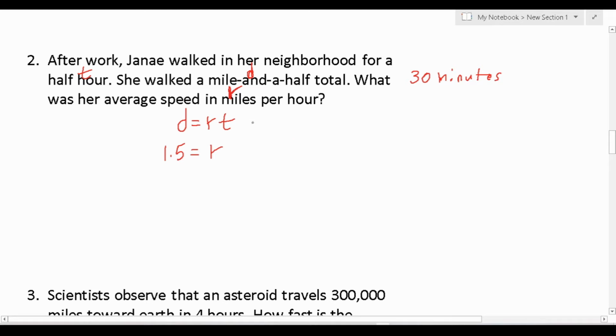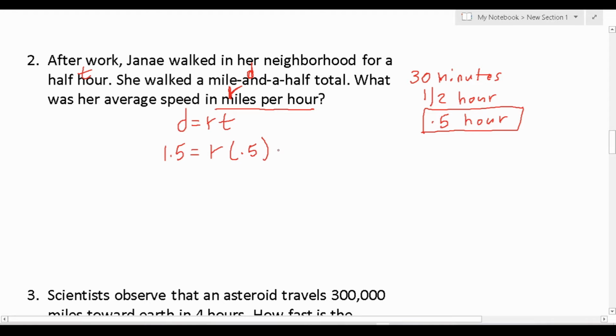That said, we're being asked to solve for speed in miles per hour, so we have to write this 30 minutes in terms of hours. 30 minutes is the same as half an hour, which is the same as 0.5 of an hour. So I'm going to plug in 0.5 right here.